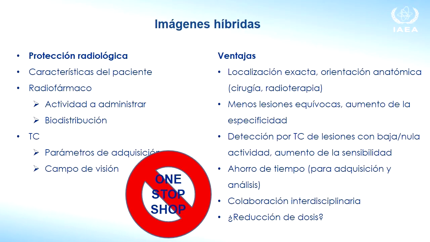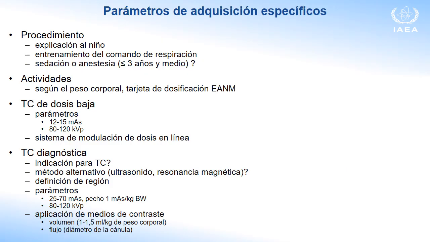Regarding the specific acquisition parameters, first of all, of course, we have to explain to the child, if possible, and train on breath-hold with command, also if possible, and perform sedation or anesthesia, especially if the child is less than 3 years old. The activity is according to body weight, following the EANM dosage card.